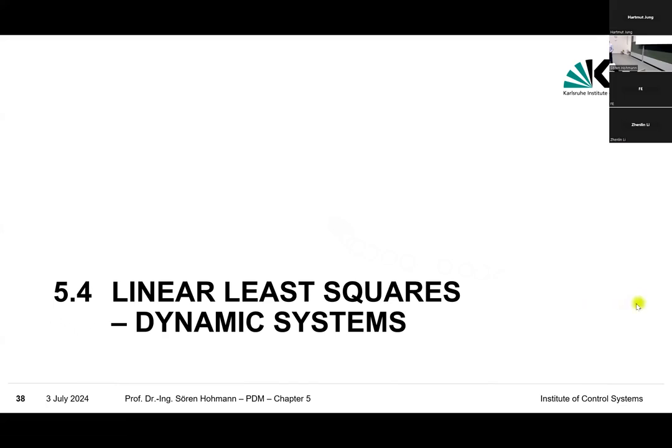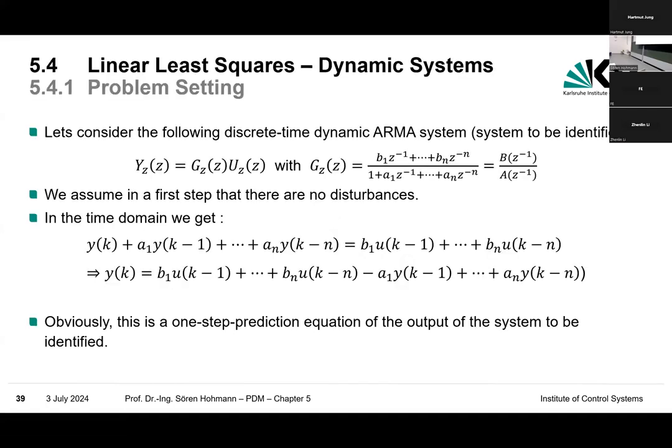Second, our setting is still a discrete time version. So we are interested in the discrete time transfer function, so the Z transform version of our system. Basically, we start with the autoregressive moving average system, which usually can be described by means of Y(z), so in frequency domain, if you like.